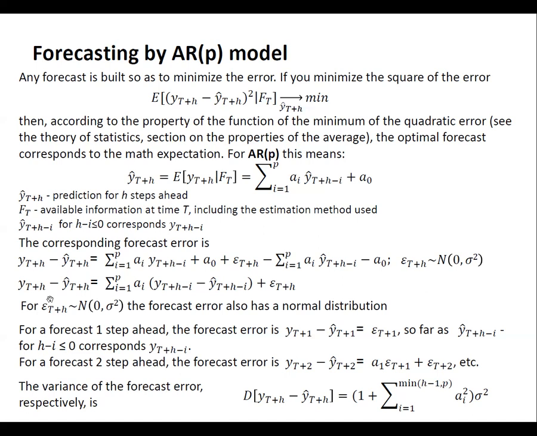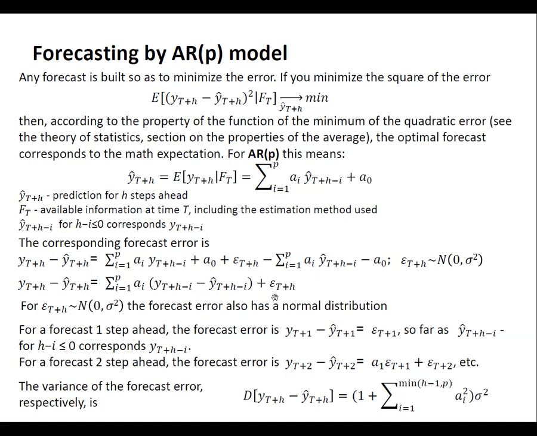The error has a normal distribution with some variance, respectively. If we transform this, combining the first term and the fourth term, then we get the bracketing of the autoregressive parameter. Here we have the prediction error for h steps ahead.